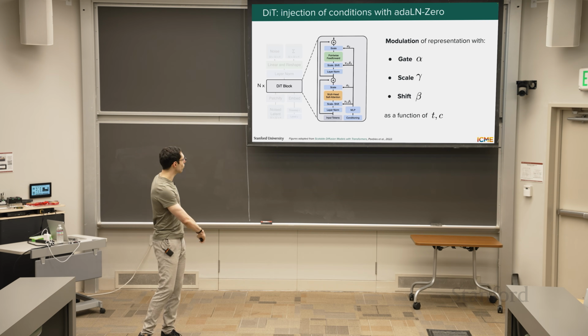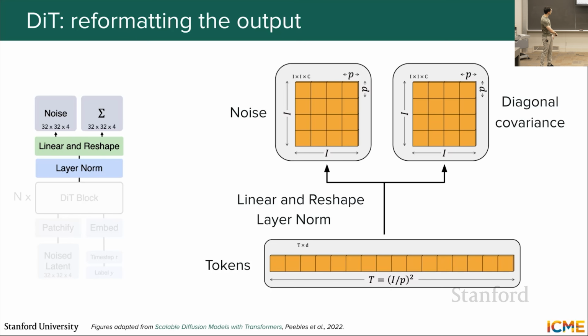Perfect. Well, with that, what I propose is we wrap up this, and I walk you through an end-to-end example of what that looks like. So your patch embeddings, you run them through your diffusion transformer blocks. There can be several of them.